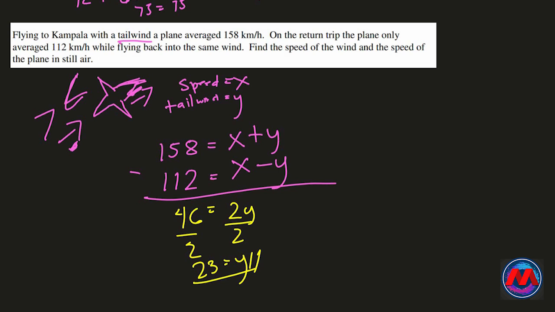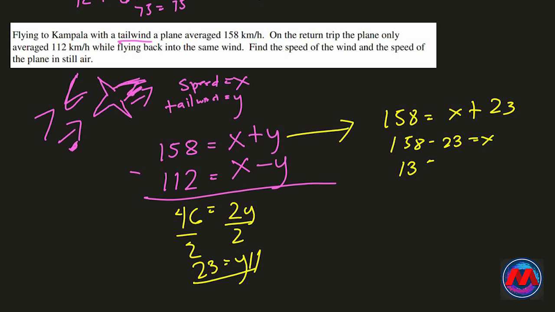Okay. So, since alam na natin yung value ng y, pwede natin substitute dito para makuha yung value ng x. So, that's 158 is equals to x plus yung value ng y, which is 23. Transpose sa kabila, 158 minus 23 is equals to x. That is equal to 135. 135 is equals to x.